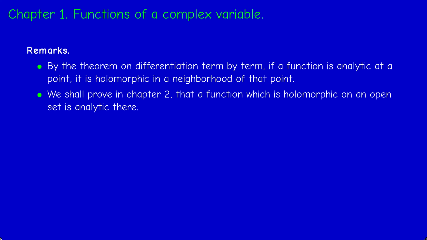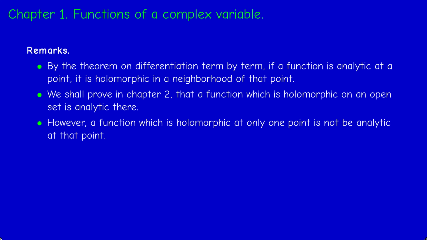But there is a caveat, so pay attention. We have the notion of holomorphic at a point and holomorphic on an open set, and also analytic at a point and analytic on an open set. So four different notions. There is a difference: analytic at a point means it is analytic on a neighborhood of that point, because it is holomorphic on a neighborhood of that point.